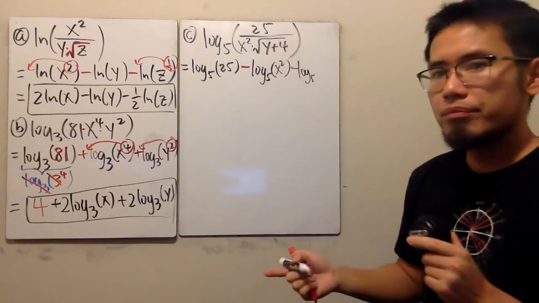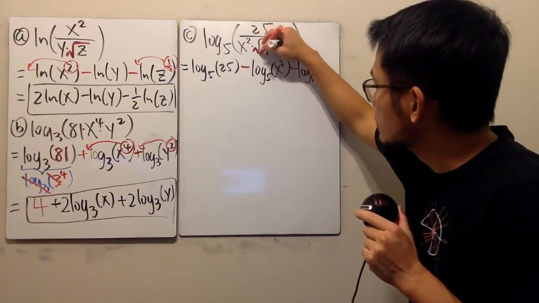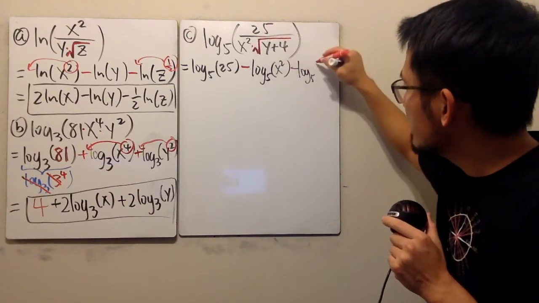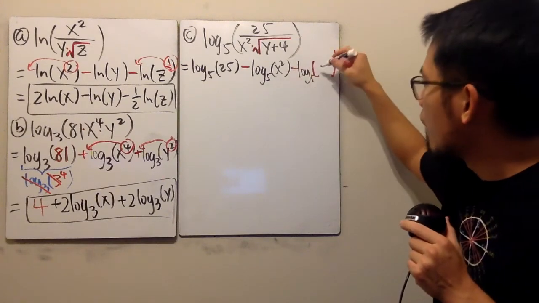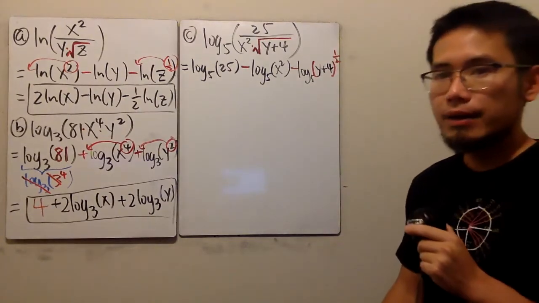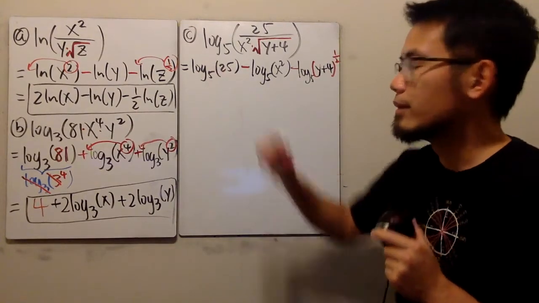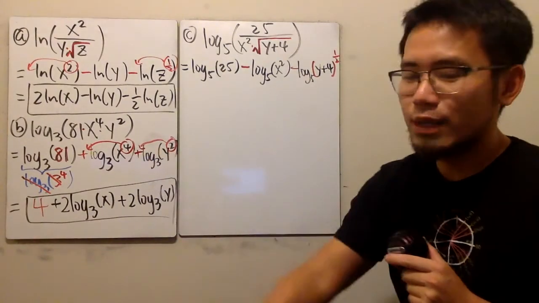And then you just write this down. And again, you know, square root is the same as 1/2 power. So focus on the square root. Write that as the 1/2 power, like this. And then we have the y plus 4 inside. Okay. Now, what's log base 5 of 25? Well, we can do exactly what we did over there.